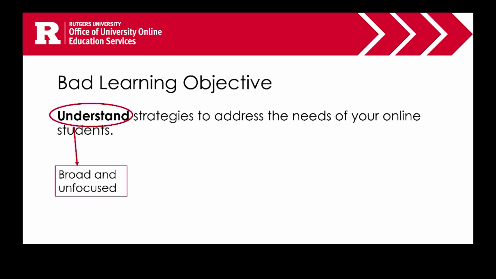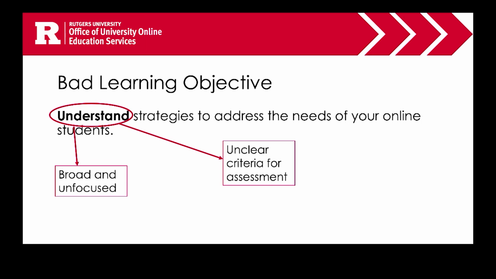Understanding may be your overall course goal, but should not be a learning objective in and of itself. You can assess whether a student understands something by asking them to explain it, summarize it, interpret it, etc. Those are actions that are measurable. Understanding is not an action and therefore should not be given as a learning objective.